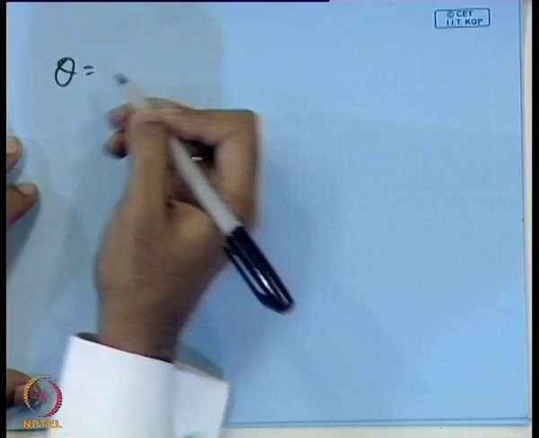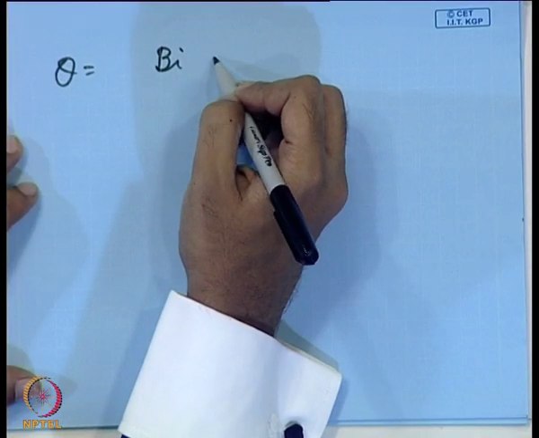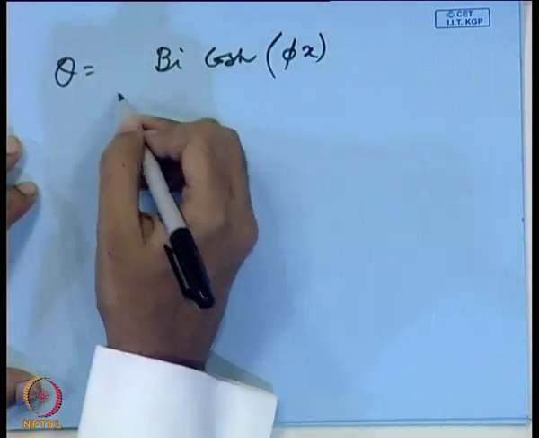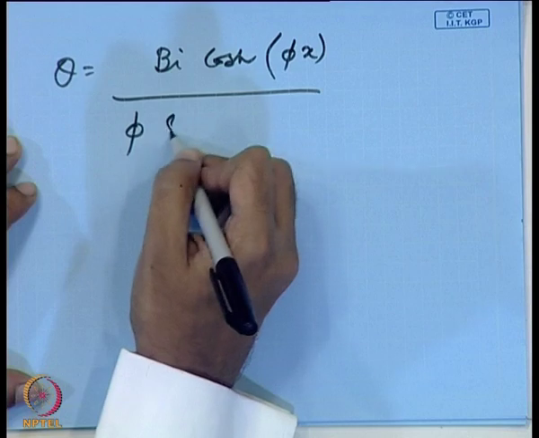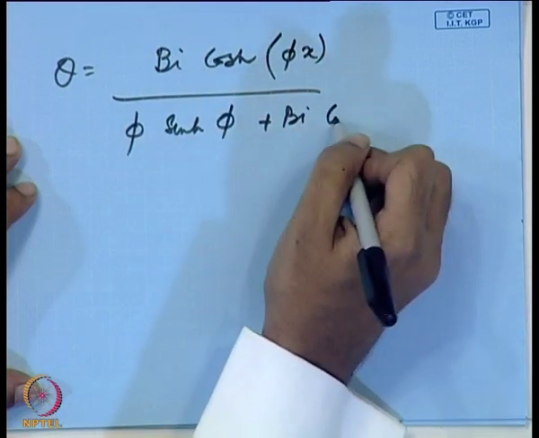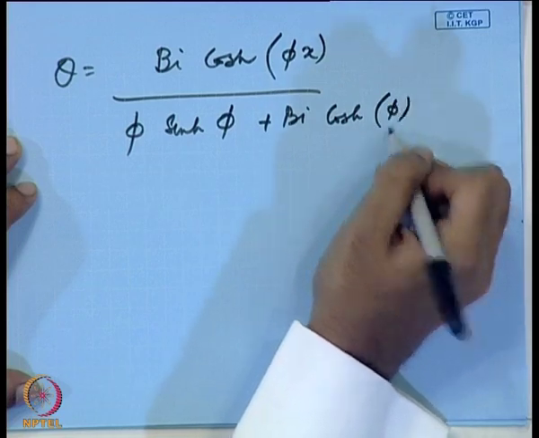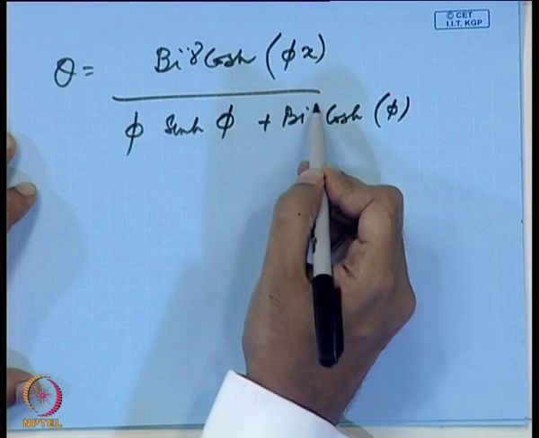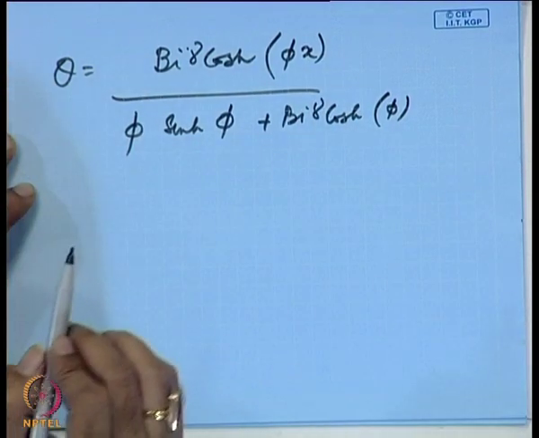So theta equals Biot number cos hyperbolic phi x times phi. I guess the gamma would come here, here and here. That's my guess.